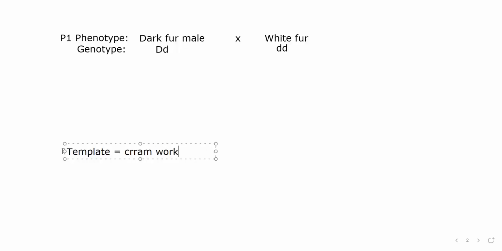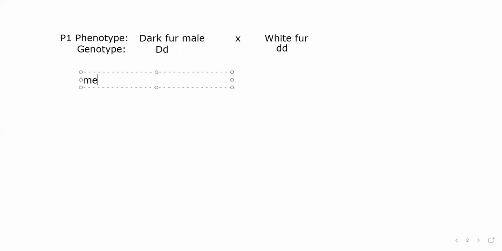There's no such thing we should ever use that we call a template. A genetic cross should be developed step by step. And it's also because we like skipping steps that we get mixed up completely. Step by step. With the template, usually you'll find people write phenotype, genotype, and then they come somewhere here and write meiosis. And when they come at this step here of forming gametes, this is what will happen. Draw here.